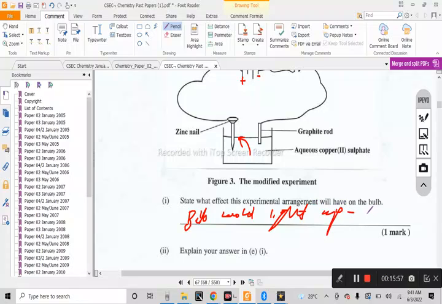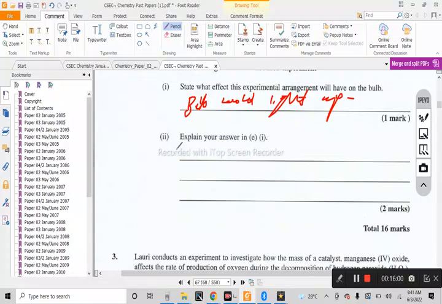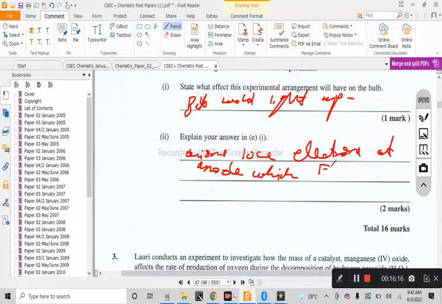Did they ask for an explanation? Explain your answer. Anions lose electrons at the anode, which flow around the circuit to the cathode. And really and truly, a flow of electrons is defined as what?